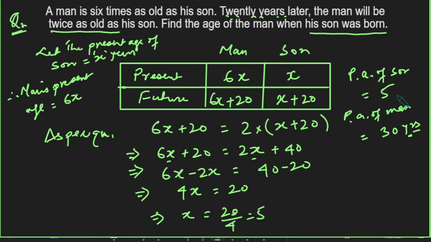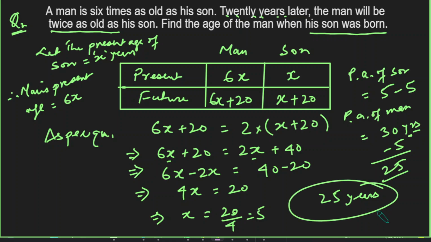When his son was born means we have to make the son's age 0. So we have to subtract 5 from the present age of the son to make it 0, and ultimately we have to subtract 5 from the present age of the man to find our answer, and the answer is 25 years old.